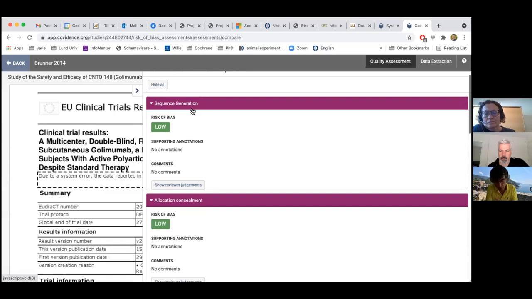Or option number two, from a couple of decades ago, was from paper, the so-called tables of random numbers. Nowadays no one is doing that, but if we include all the studies, we might find it. So to give low risk of bias, we need to be sure that they specified somehow in the methods how the sequence of these random numbers was generated.